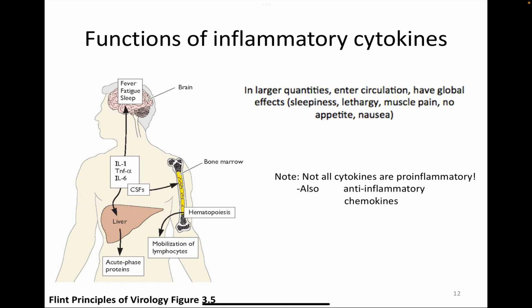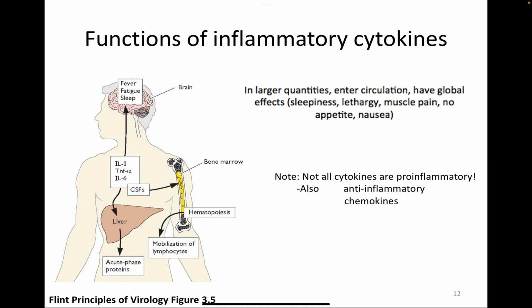All the things you think of as being sick are actually directly coming from those inflammatory cytokines. Some of it may have to do with changing how your body's using energy. Like, okay, we're going to give all our ATP to defense, and we're not going to stay awake. We're going to take a nap and let the body focus its nutrients towards defense.